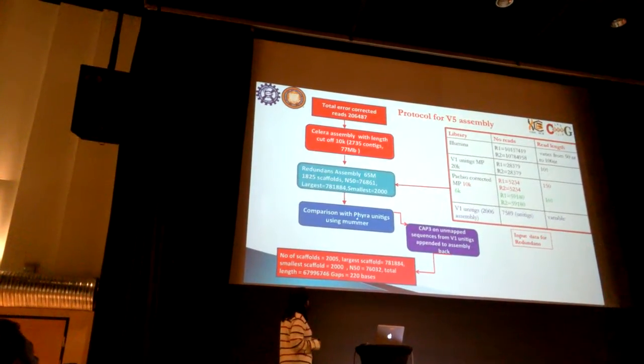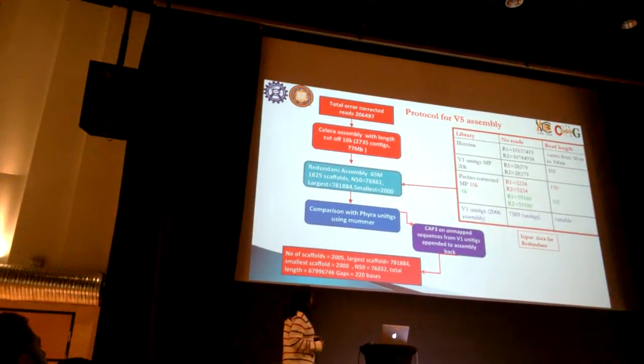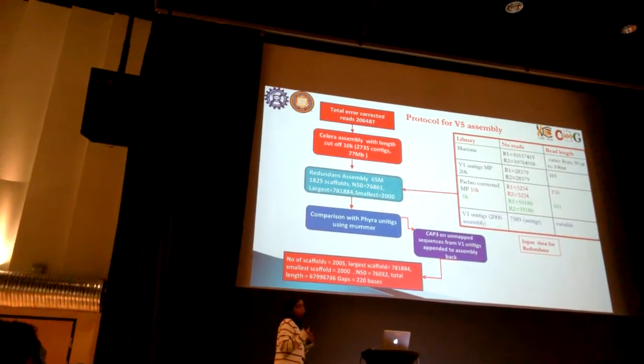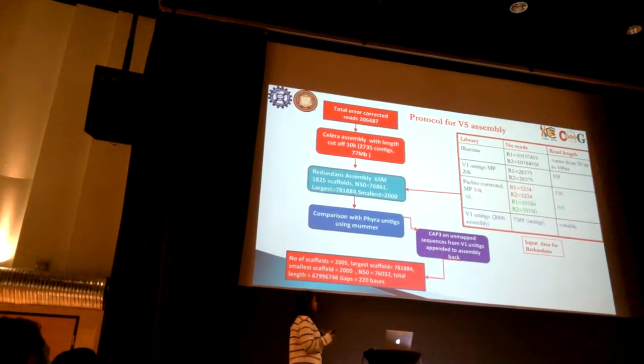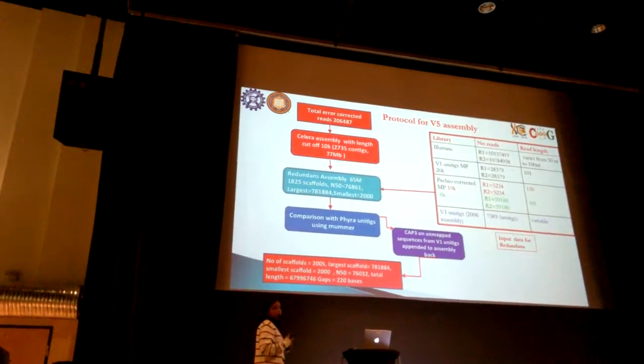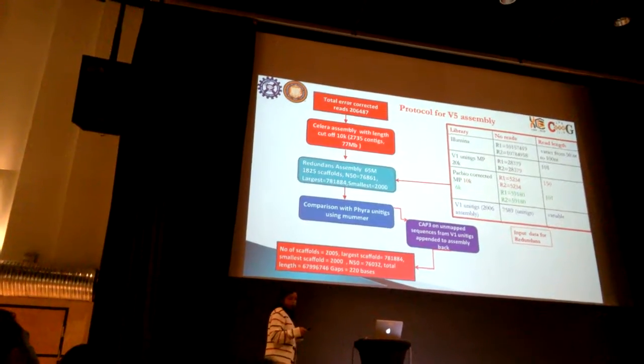Then finally, after we got this assembly, we compared it with the V1 assembly. After comparing, we saw that there are a few scaffolds in V1 that are not falling into this assembly. We looked at those scaffolds manually and found that 2 or 3 scaffolds had genes and the others were actually not so good.